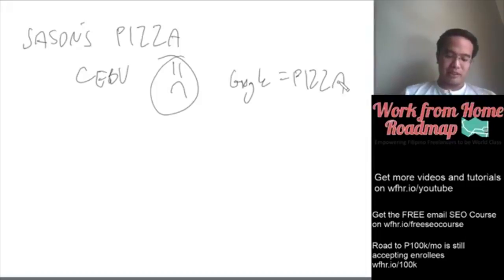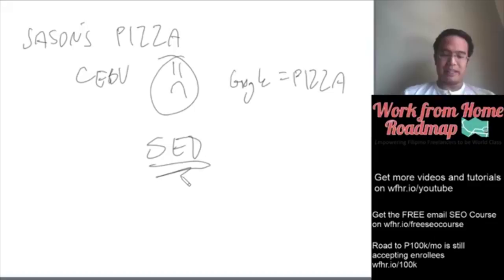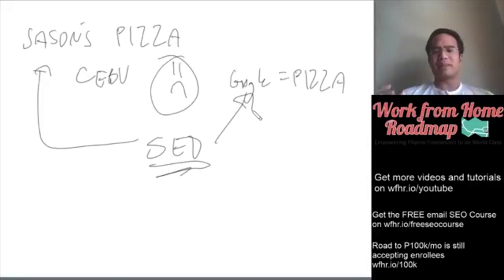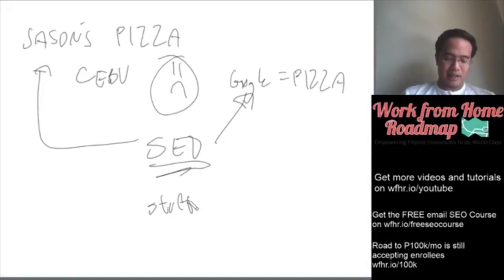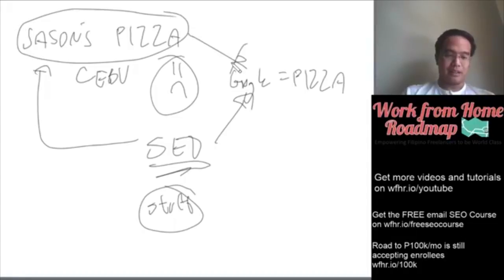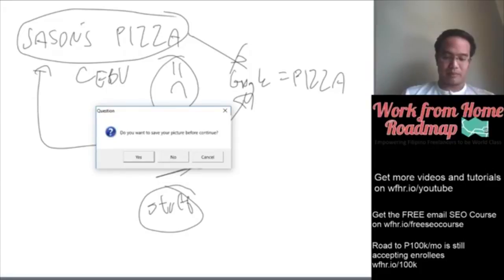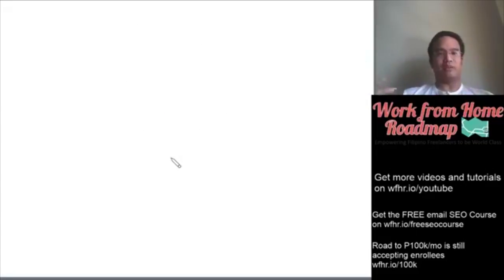So with the magic of SEO, it'll help Jason's Pizza rank higher in Google. And that's what search engine optimization does. SEO is the stuff that helps these companies rank higher in Google and Bing, if you're using Bing.